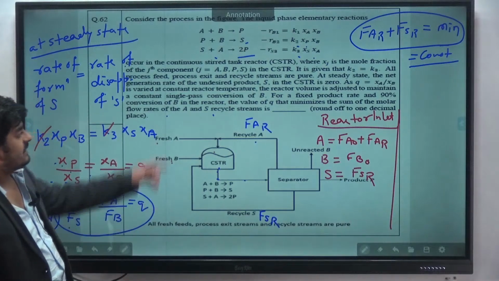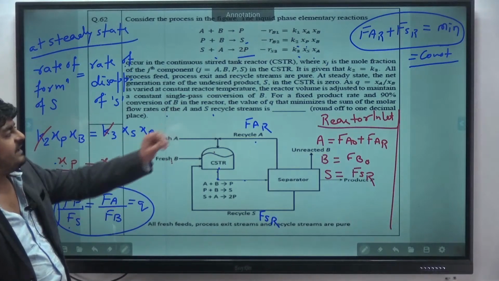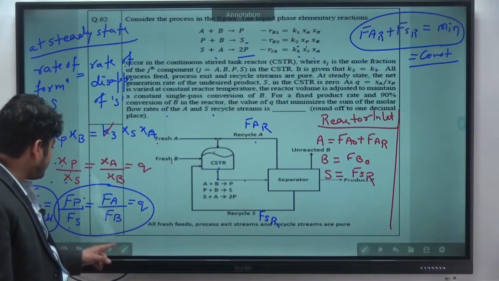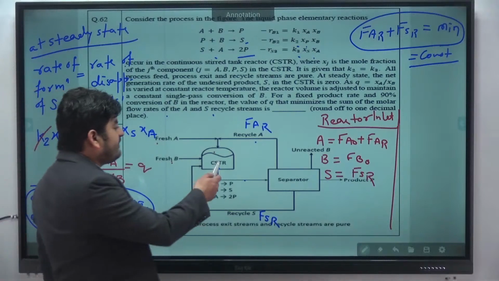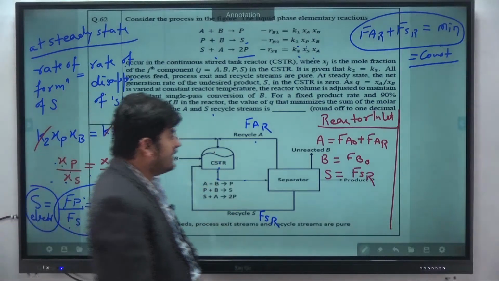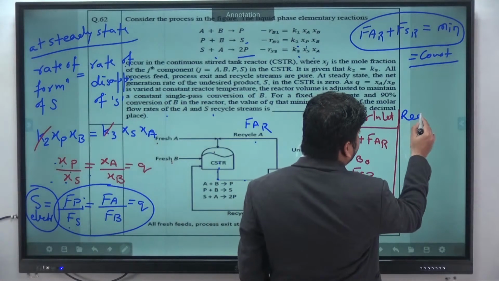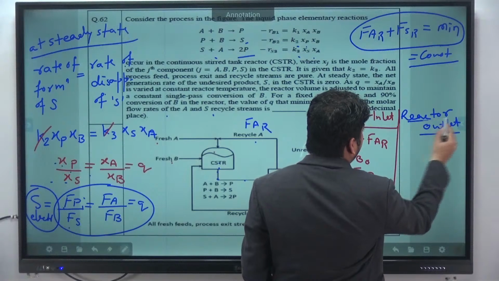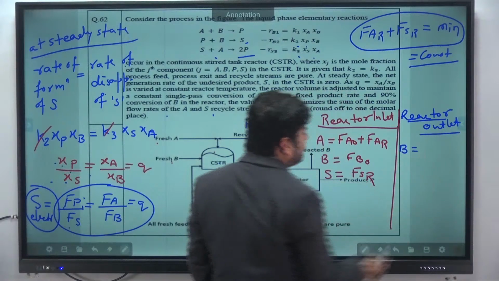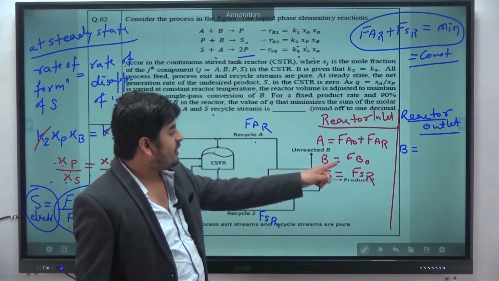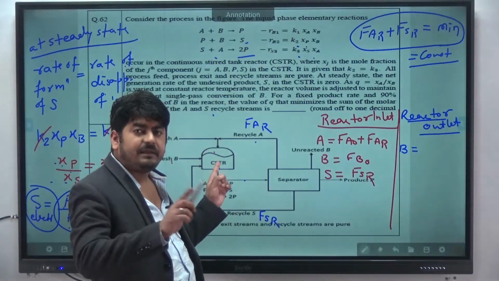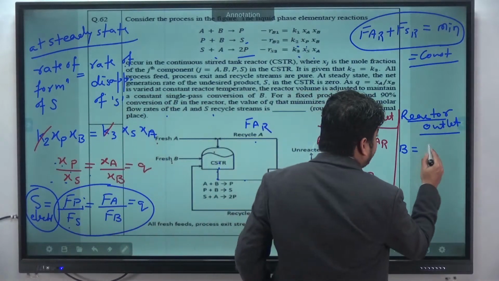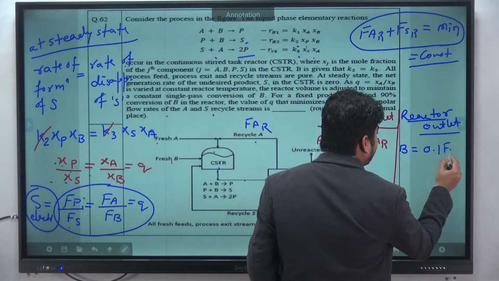Okay. Now it is given that in the reactor we have 90% conversion of B. So that means if you go to the reactor outlet, B will be equal to whatever B is going in the reactor, 90% is reacting and 10% is unreacted. So B will be 0.1 FB naught.